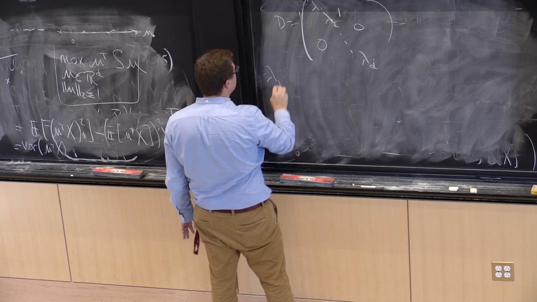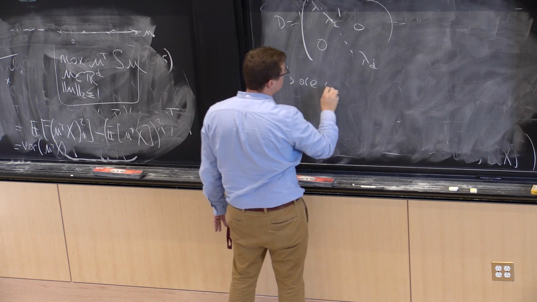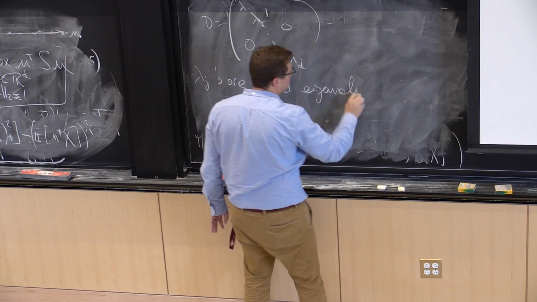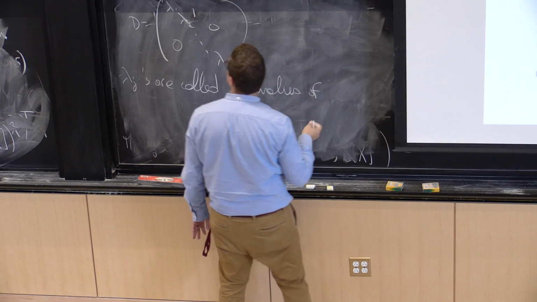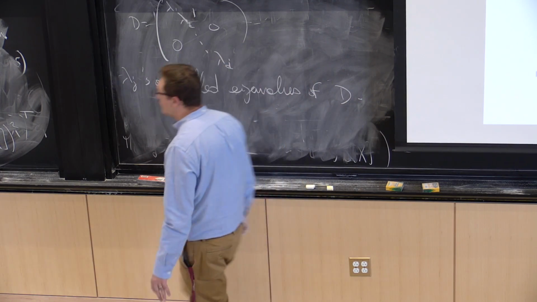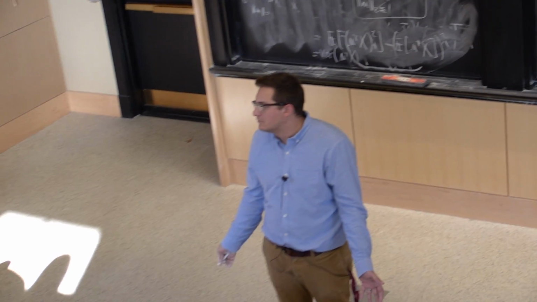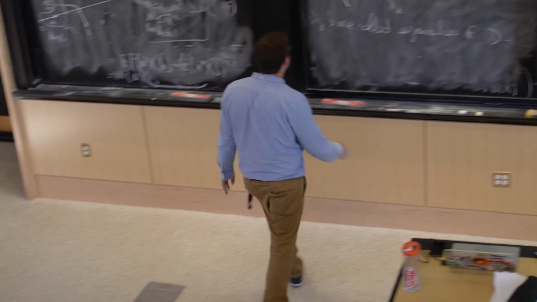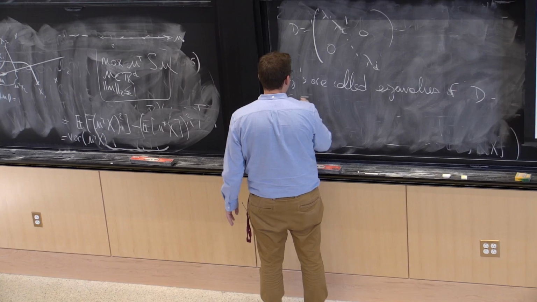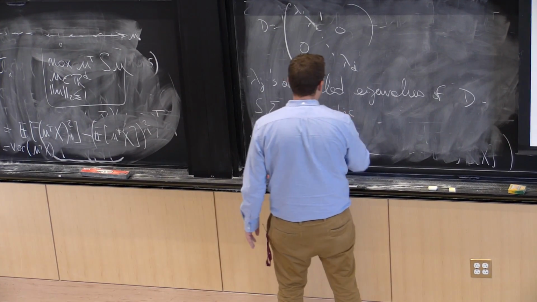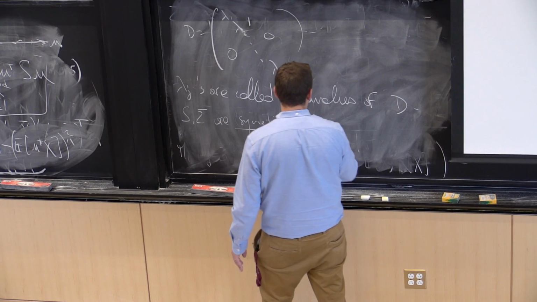And the lambda j's are called eigenvalues of D. Now, in general, those numbers can be positive, negative, or equal to 0. But here, I know that sigma and S are symmetric for sure, but they're also positive semi-definite.